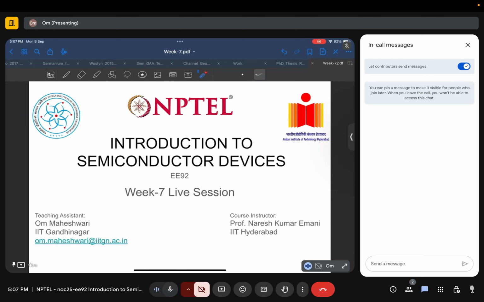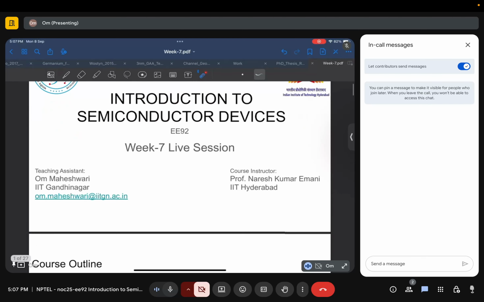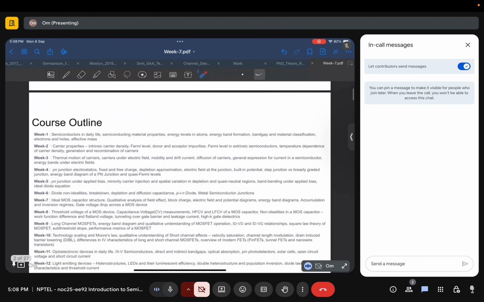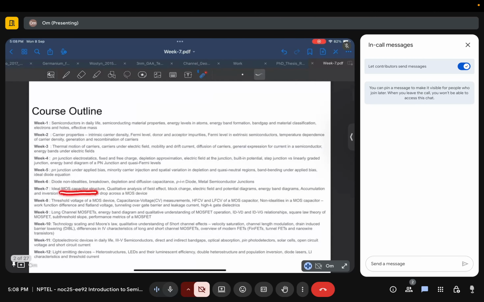Okay, so let's start with a quick recap of the slides from the course so you can follow the lecture better. So in this week, mainly we'll be looking at the MOS capacitor and its related properties. From week 7 till week 10, these are the most important topics of this course.